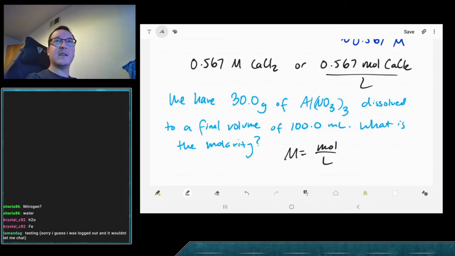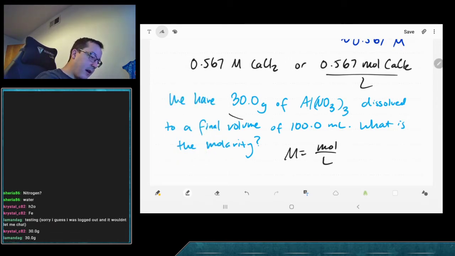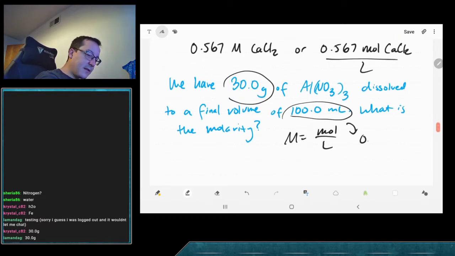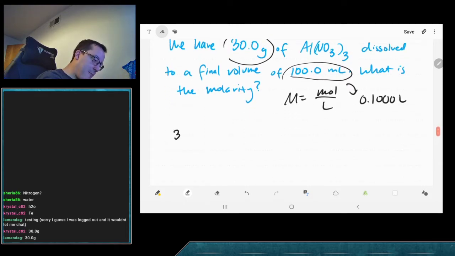Which one is going to be the one we're going to convert to moles? Yeah, we're going to want to make our grams into moles, right? So for this, that's just 0.1 liters. But for our 30 grams, I have looked up the molar mass while you guys were thinking.